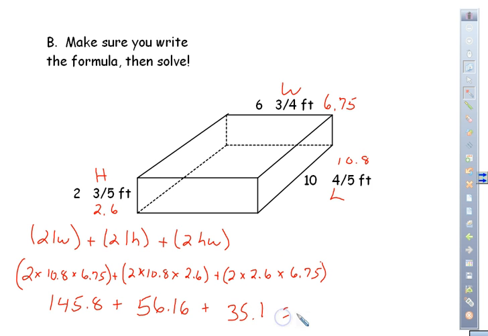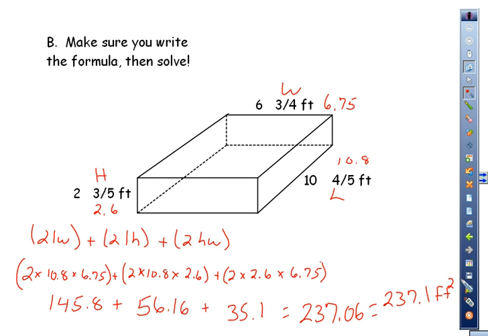And now we can add those together, and you get 237 and 6 hundredths. Rounding that answer to the tenths would be 237 and 1/10. And again, it is square feet.